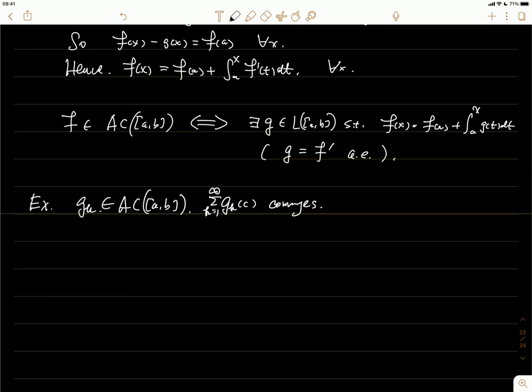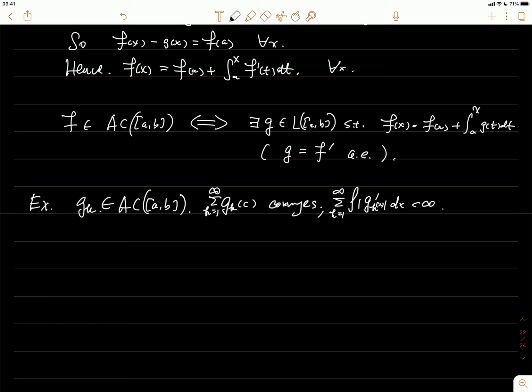That's one thing. The other thing is that since g_k is in AC, the derivative exists, and let's say that the sum of this is finite. So we have two properties.